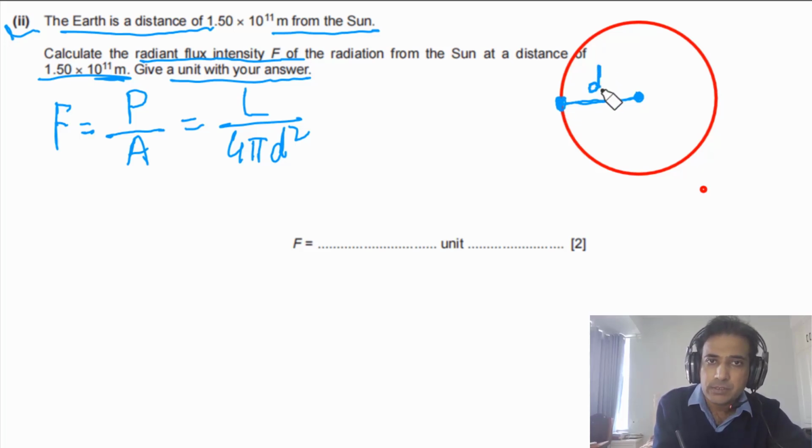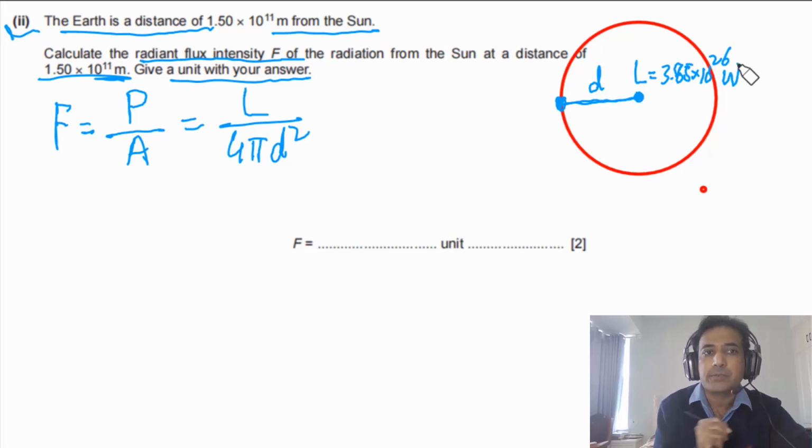The sun is located here and our planet is located here, so this d is the distance. Luminosity of the sun means the energy emitted per second by the sun, that we found in the last part, and that was equal to 3.85 times 10 to 26 watts.